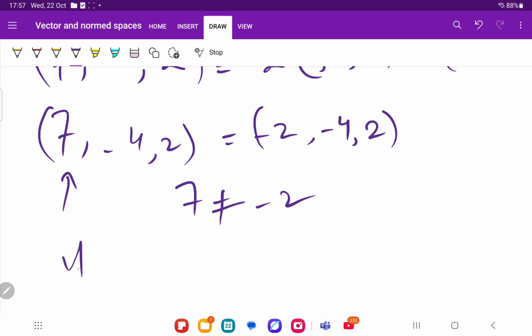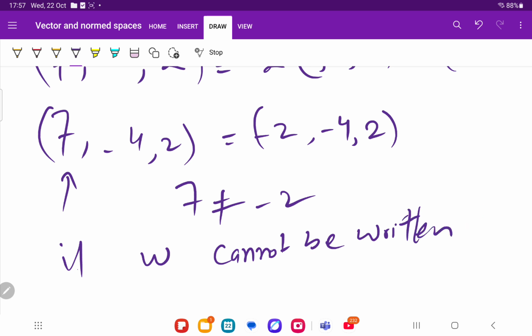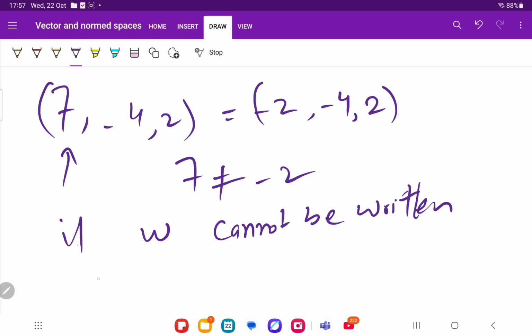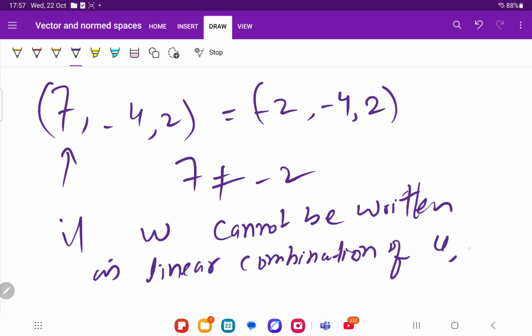It means that w cannot be written as a linear combination of u and v, because 7 is not equal to minus 2.